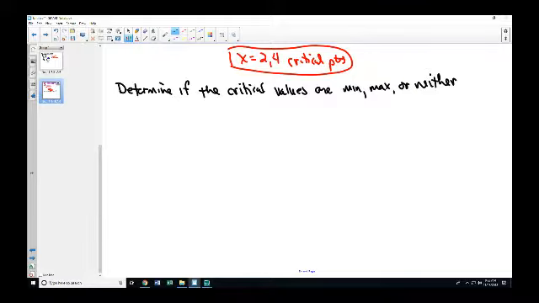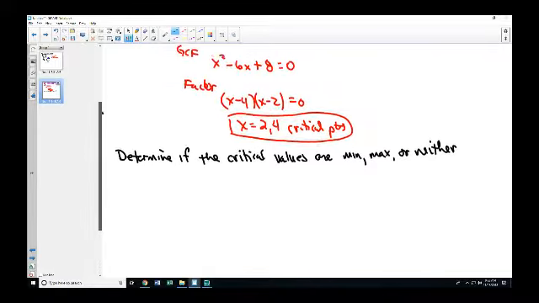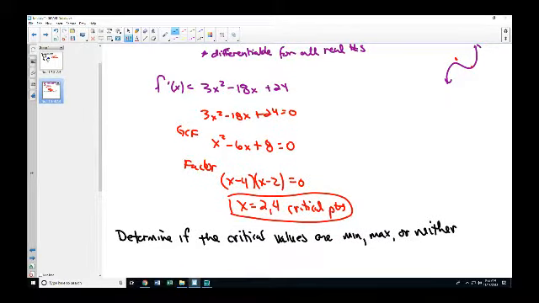Right, so 2 will probably be a max, local max, and 4 is probably going to be a local minimum, right? But we have to verify that algebraically.